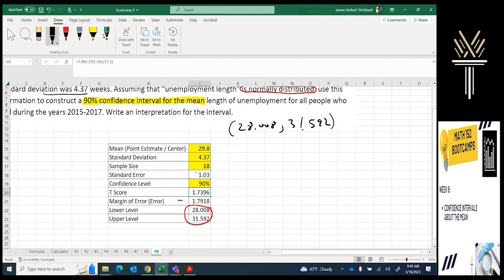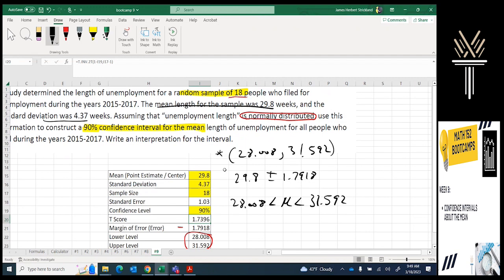And of course, I could have represented it by margin of error format, 29.8 plus or minus my margin of error, to whatever rounding you need, or by inequality notation. They can technically ask you to do it any way. We usually just do the first format. No real reason, it's just how the department decided they want to do it for this class. But all three are legitimate methods.